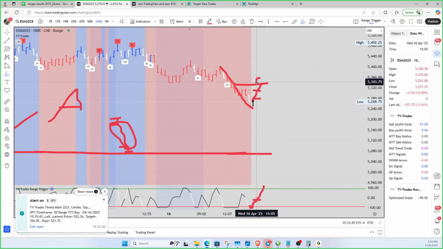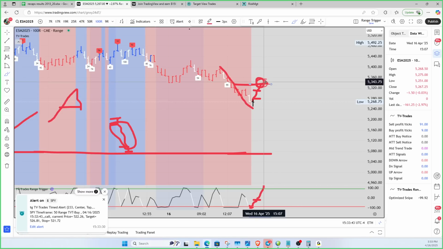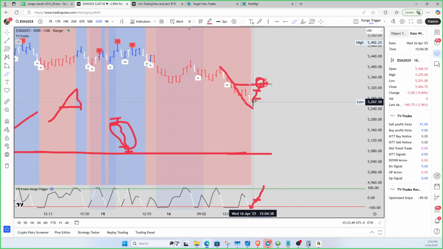But this thing is trying to pull back up to here. It's trying to get up to this level, right in here. And so if you do sell the open of that next bar, you're going to have to suck it up while it pulls back to that level. And then it'll probably still work out when it goes down from that level. But what I was suggesting is, if that happens to be the case, then let it go in your favor a little bit before you actually enter.